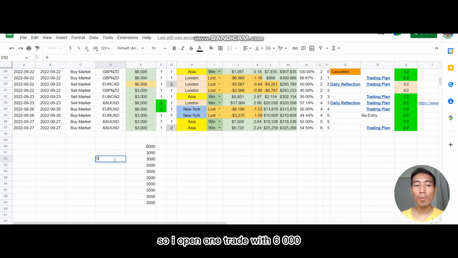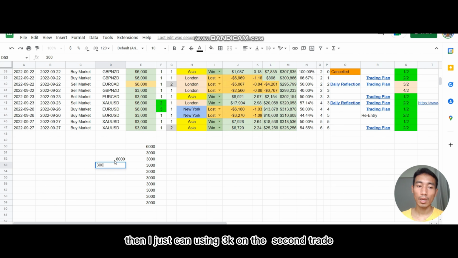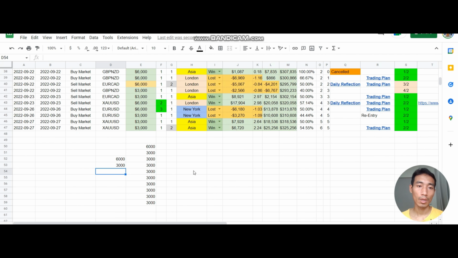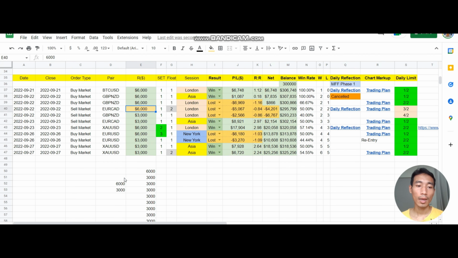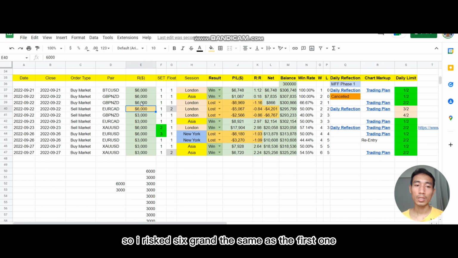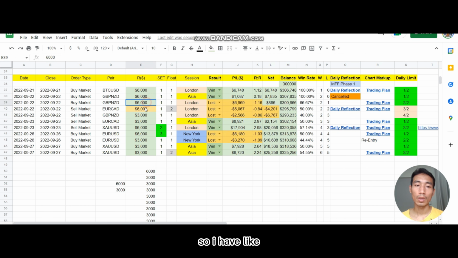So if I open one trade with 6,000 and I want to open the next trade, because the trade is really good, then I can use 3 grand on the second trade. But right here you can see I was supposed to risk 3,000 because that is a second trade. But I was kind of aggressive and didn't respect my rules, so I risked 6 grand, the same as the first one.